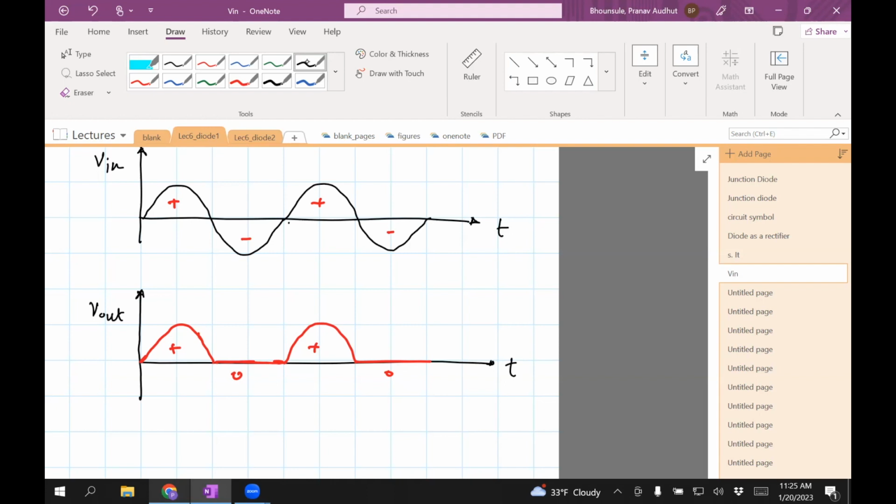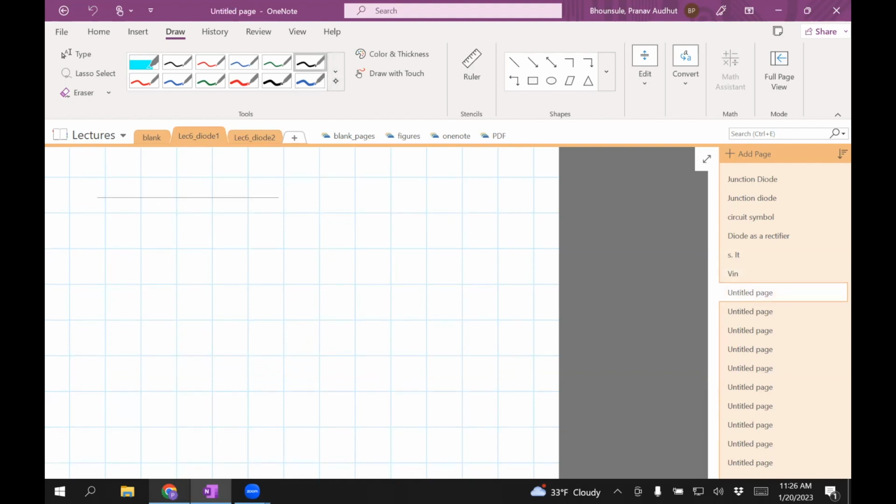Okay. Now that we've done the diode, let's look at another type of diode known as a Zener diode. A Zener diode is a diode which is usually used in reverse bias.